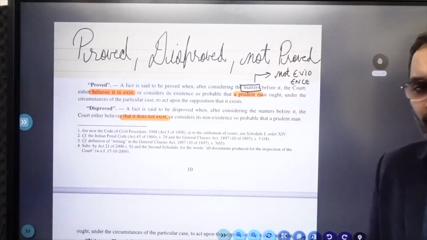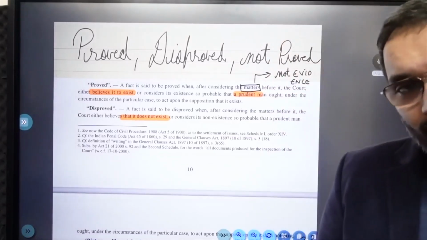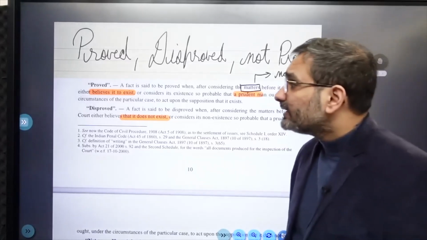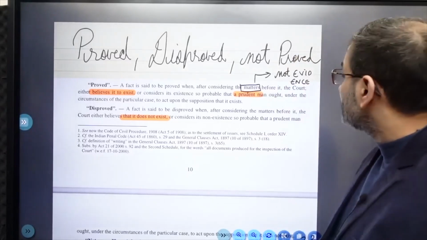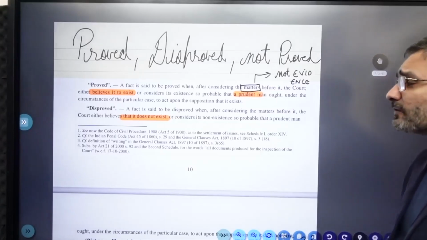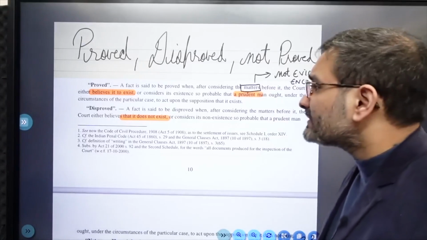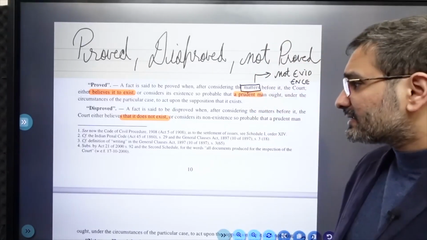So if the court believes a fact to exist thanks to a piece of evidence that you have produced, then it stands as proved. Now the cardinal condition is that the court either believes it to exist or considers its existence so probable that a prudent man ought, under the circumstances of the particular case, to act upon the supposition that it exists.